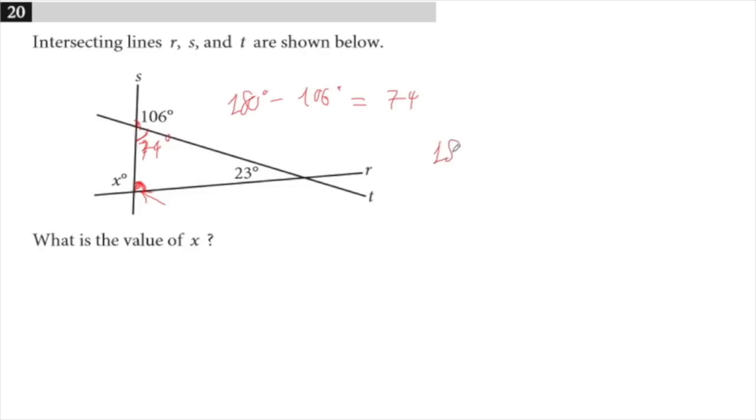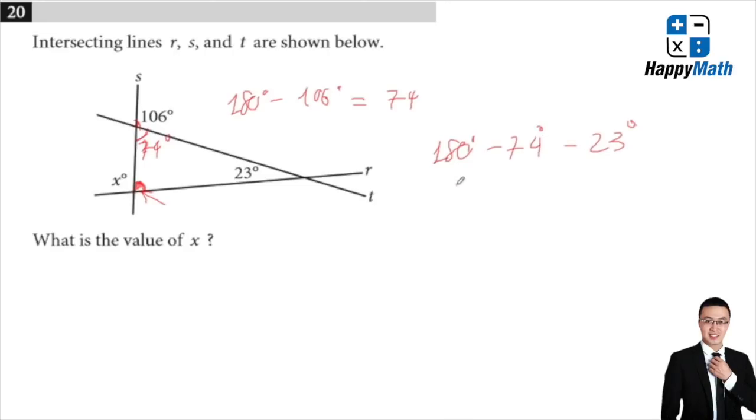I take 180 degrees minus 74 and minus 23, which equals 83. And this 83 and x are supplementary, so take 180 degrees minus 83 and we get 97. So 97 is the final answer for x.